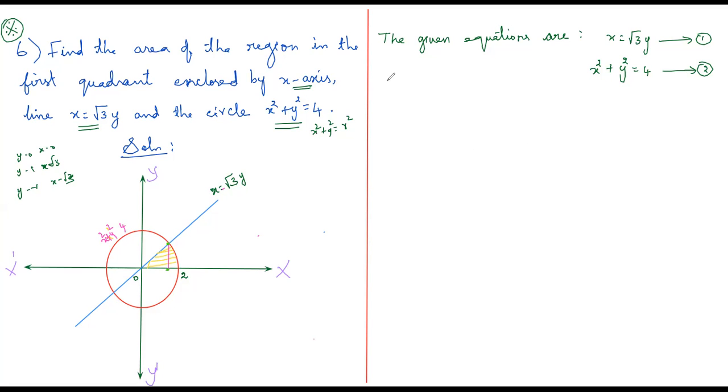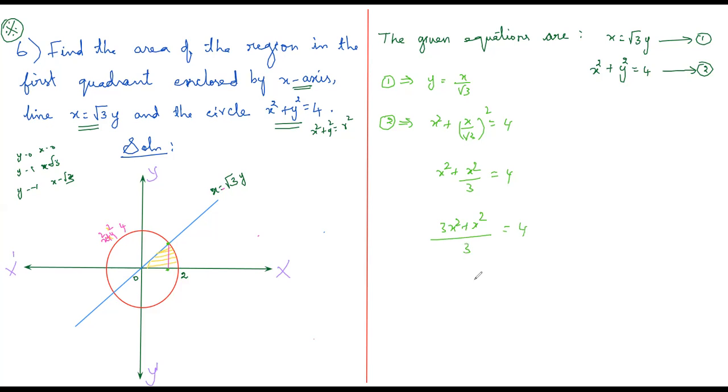From equation 1, you get y is equal to x by root 3, right? So substitute in equation 2. Equation 2 becomes x square plus x by root 3 the whole square is equal to 4. So it is x square plus x square by 3 is equal to 4, which is 3x square plus x square by 3 is equal to 4.